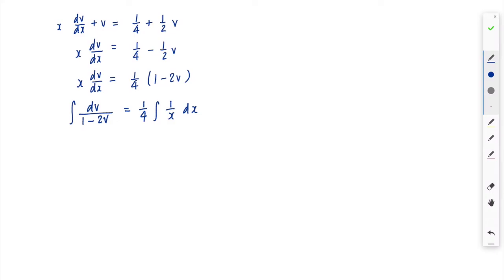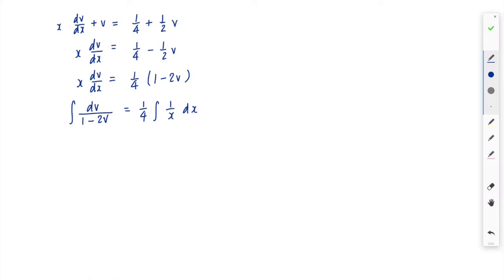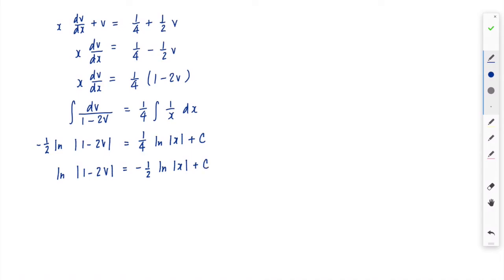Okay, I know how to take the integral of both sides now, so I have ln of 1 minus 2v times negative 1 over 2, okay, equals 1 over 4 ln x plus c. If I multiply both sides by negative 2, I'm going to have this. I don't really have to change c because it's just a constant.